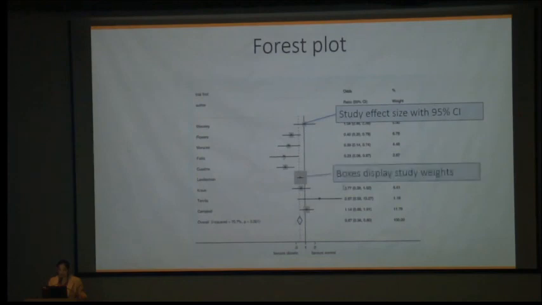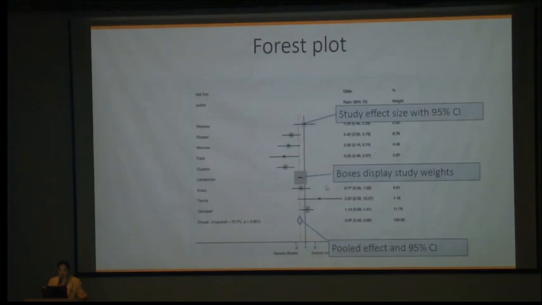And then in the end, you have this diamond. And this is the actual result from the meta-analysis. So the center of the diamond is the point estimate from the meta-analysis, and the two ends of the diamond are the confidence intervals. You have different boxes here, and the area of the box represents the weight of the study. So different studies are assigned different weights, and I'll tell you what the weight depends on.